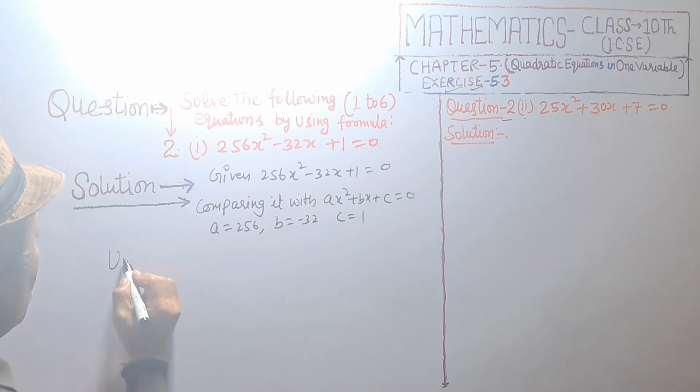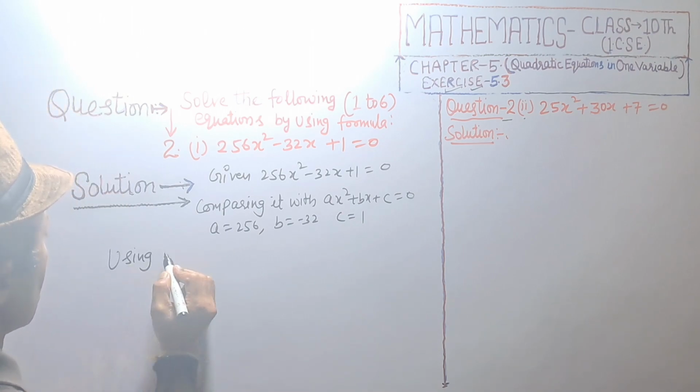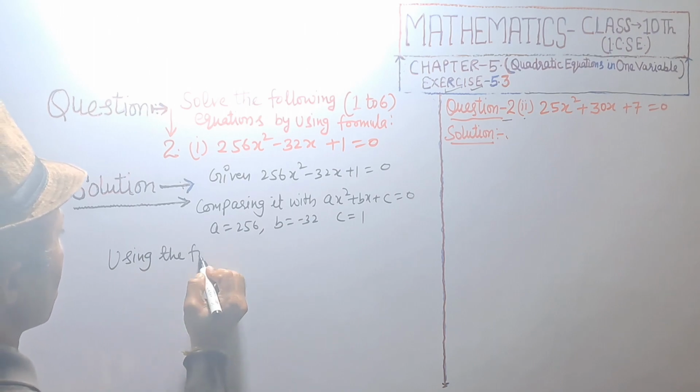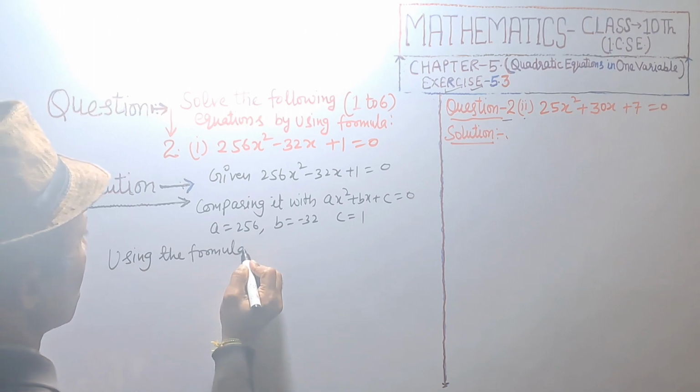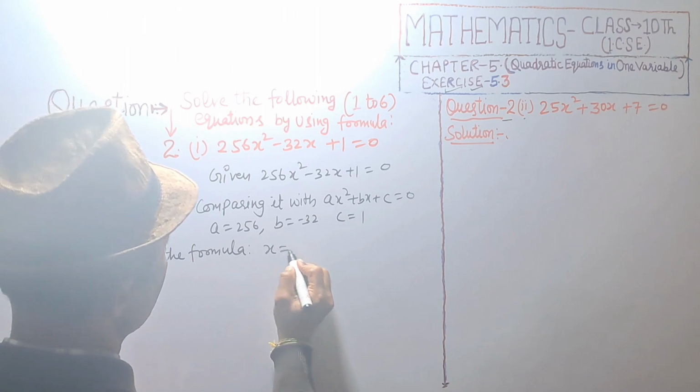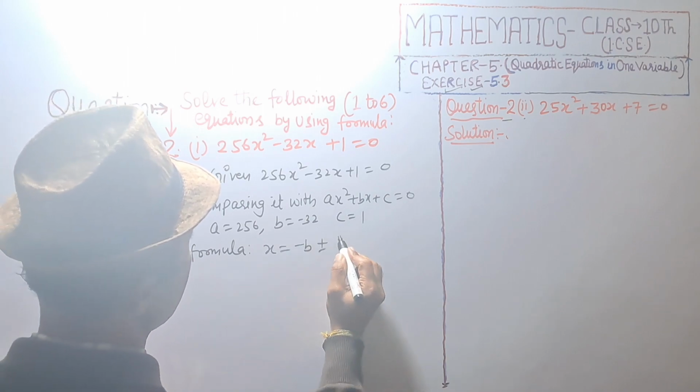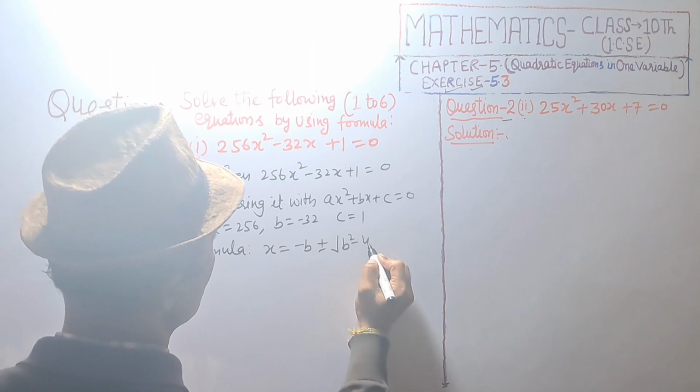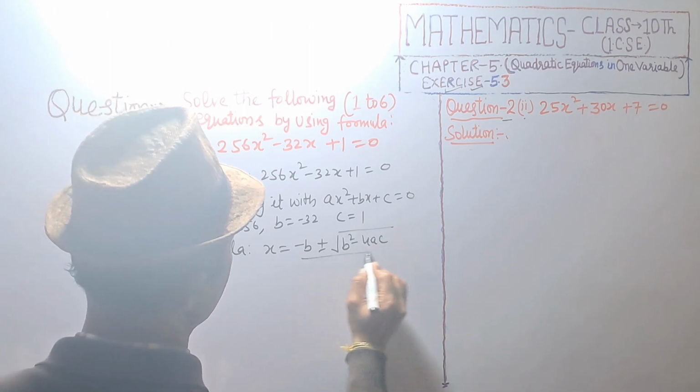And using the formula x is equal to minus b plus minus root b square minus 4ac upon 2a.